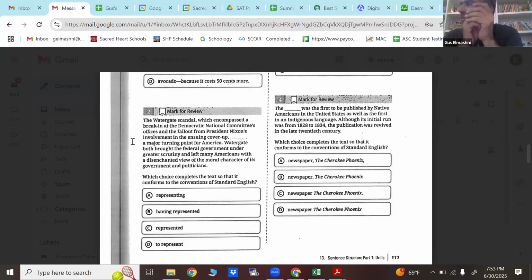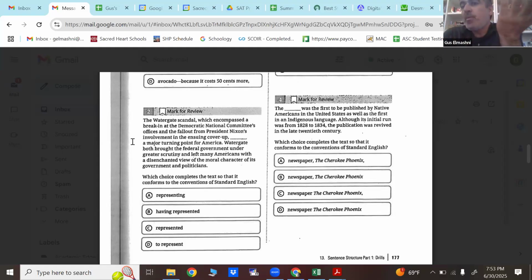The newspaper, comma, then it's the proper name, the Cherokee Phoenix, comma. I believe the answer is D. The reason why is that when you put a title before someone's name, you don't need a pause there. So you say it all the way through. The newspaper, the Cherokee Phoenix, was the first to be published, because that is essential.